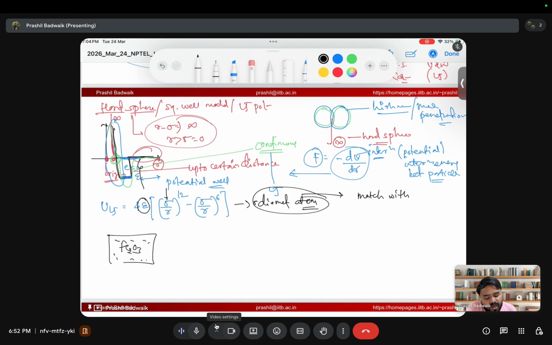I need to find the values of sigma and epsilon for Fe and oxygen such that they reproduce experimental properties like density. We know the density of the Fe2O3 crystal. We need to validate something called surface energy, which is the energy required to break the system. Upon breaking, we will get some energy. We need to validate it.